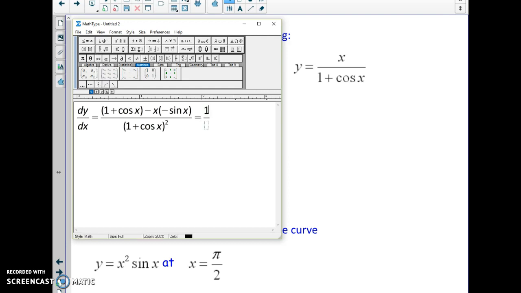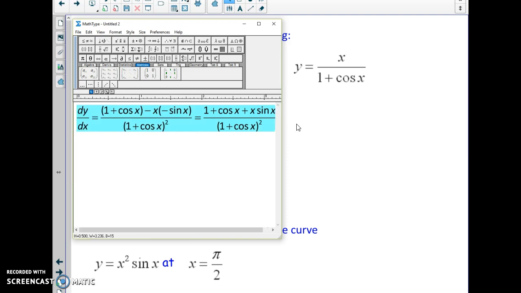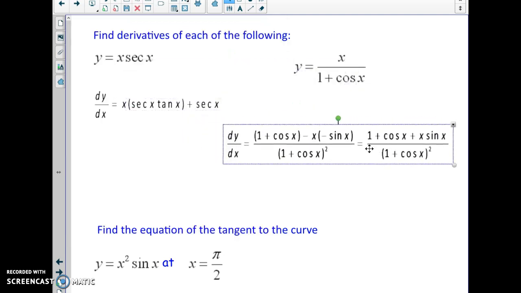So this becomes 1 plus cosine x plus x sine x all over 1 plus cosine x quantity squared. Still not horrible, just have to be a little careful.